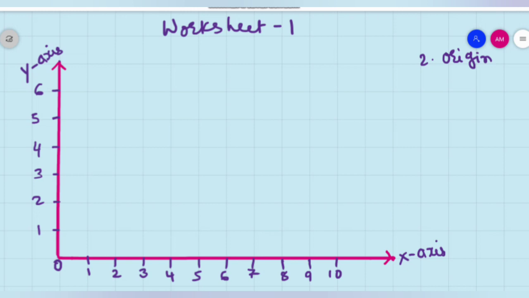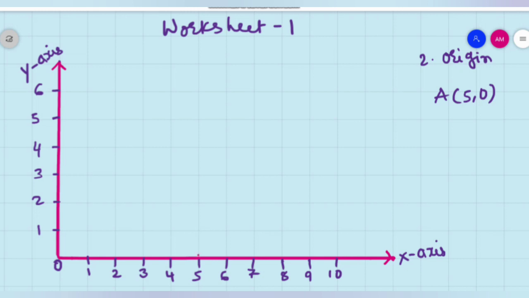Now the first point he wants you to plot is 5, 0. I have told you, suppose point A is 5, 0. Now look here. 5 is your point on the x-axis. So let us see which point is there on the x-axis. See, this is 5. And once you have seen 5, now you see the next 0. So 0 is on the same line.